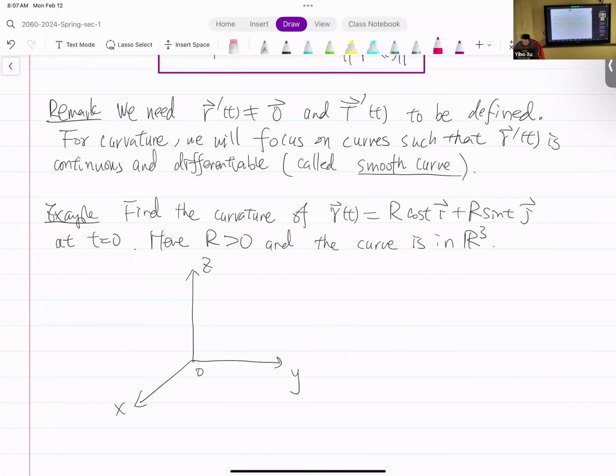But we only have i and j, so that's it within the xy plane. And then we just have a circle, and the center is 0, 0, 0. So that's the circle right here, a circle of radius R.